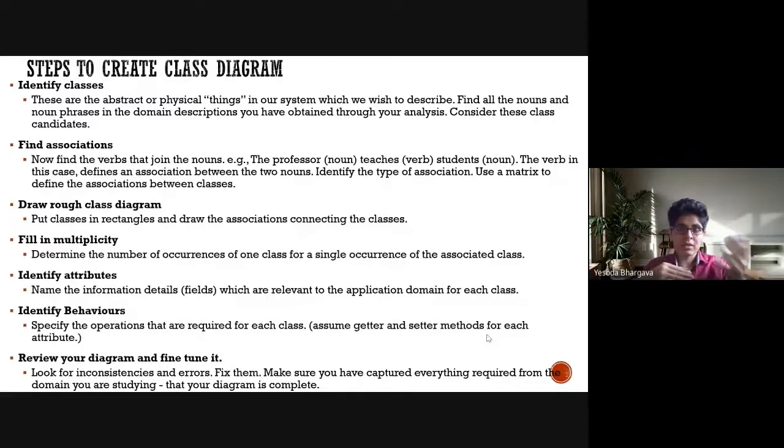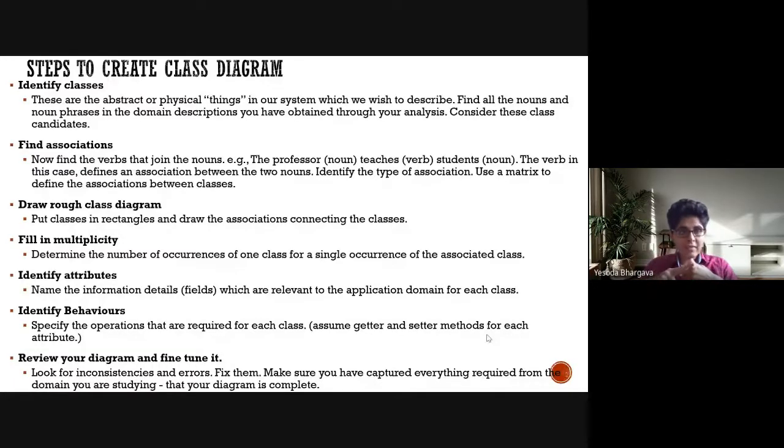So for example, if there is a professor class and a students class, then definitely the association between the two would be that of teaching. Generally, the upper level relationship is association, but when you go on to describe it, normally a function is getting performed. So there's always a verb associated between two classes which tells you about the nature of association between these two classes.